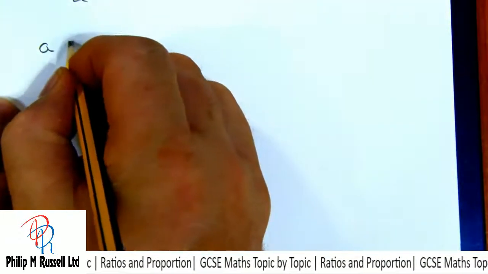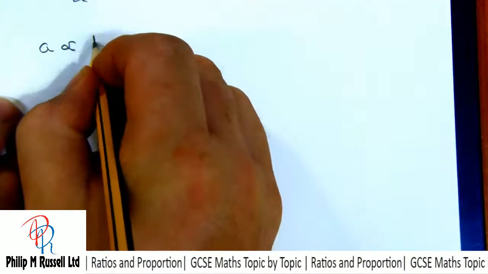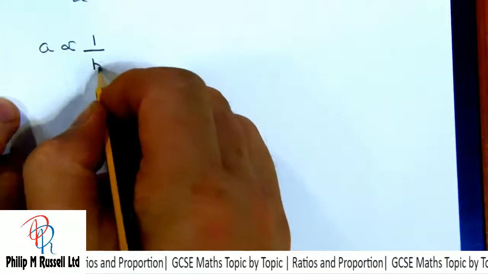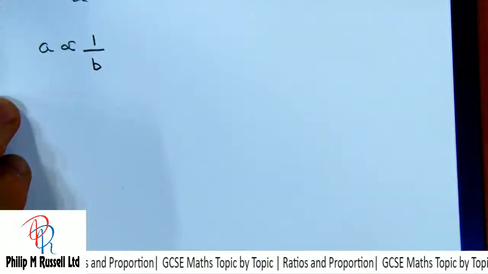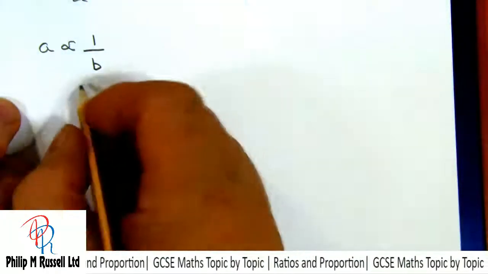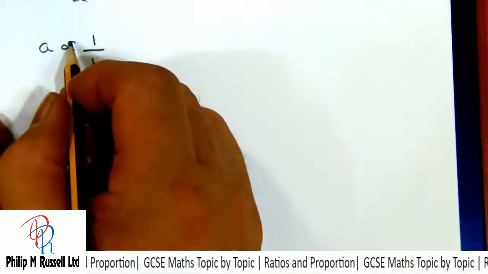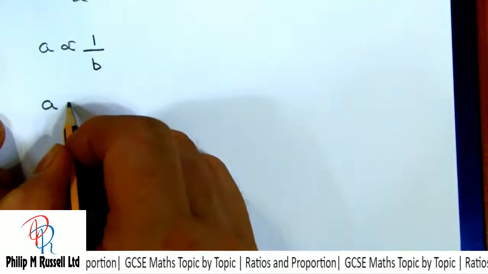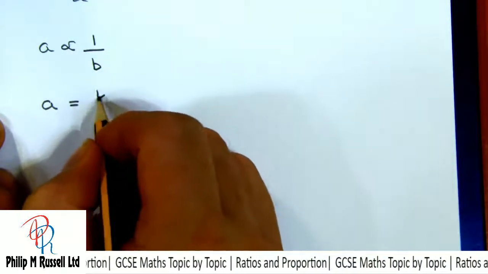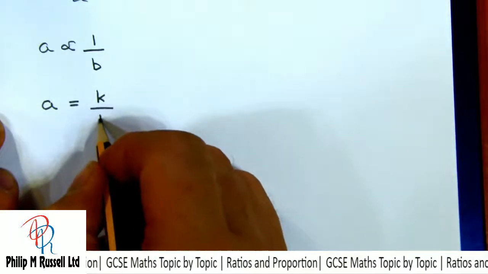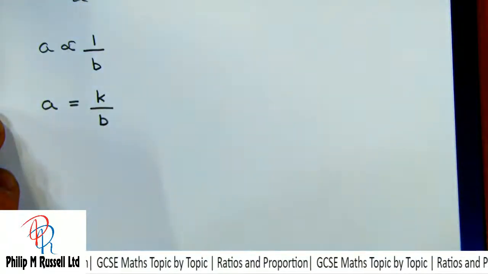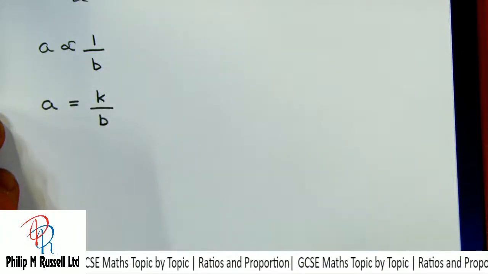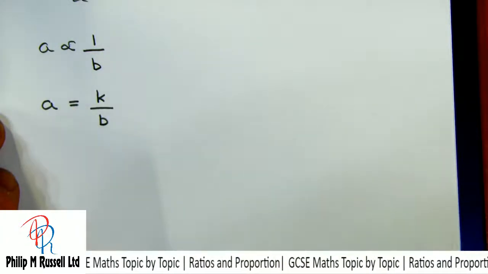A is inversely proportional to, so we write 1 over B. I can write that a different way, getting rid of this proportional sign, to say that A equals K divided by B. Then we have exactly the same problem as before.